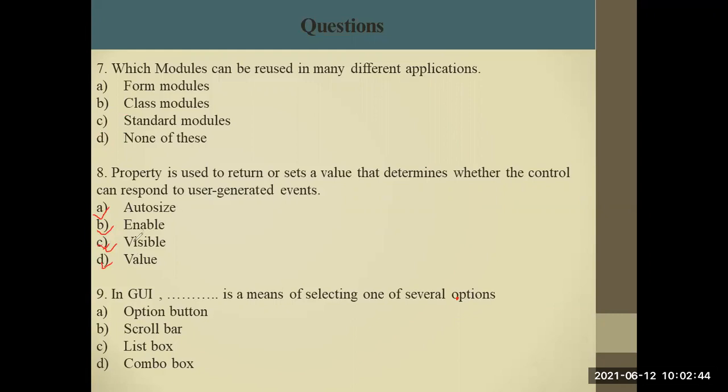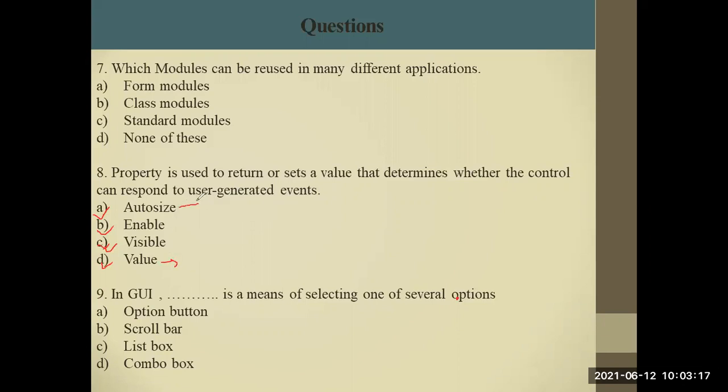Out of these 4 properties, which property is used to return or set the value that determines whether the control can respond to the user generated event or not? So which is the correct option? As we have seen in many controls, the value property is responsible for setting values.